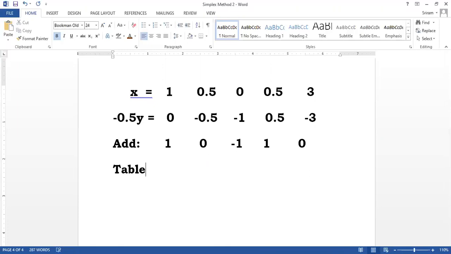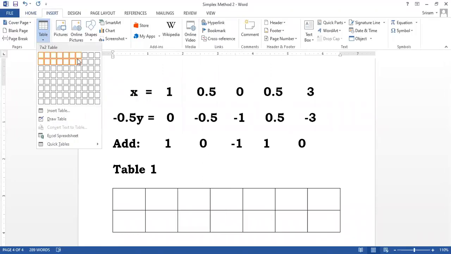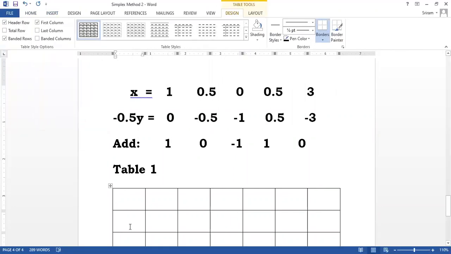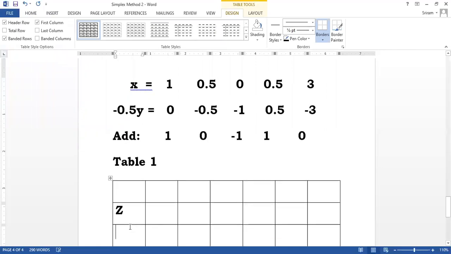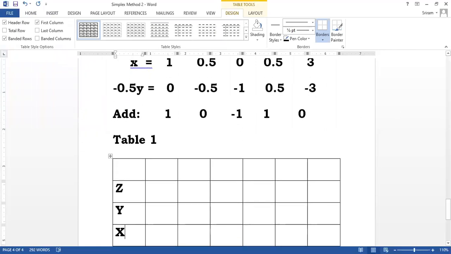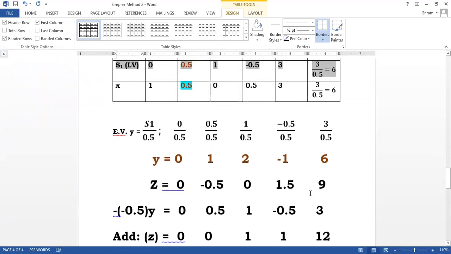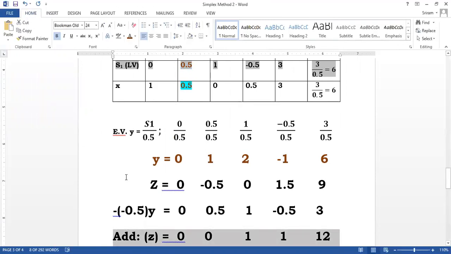In table 1, again we are going to take all the values as we said before. We are going to take Z, but here we are taking Y and X, because we changed to X and Y. Here I am going to check the value of Z: 0, 0, 1, 1, 12.